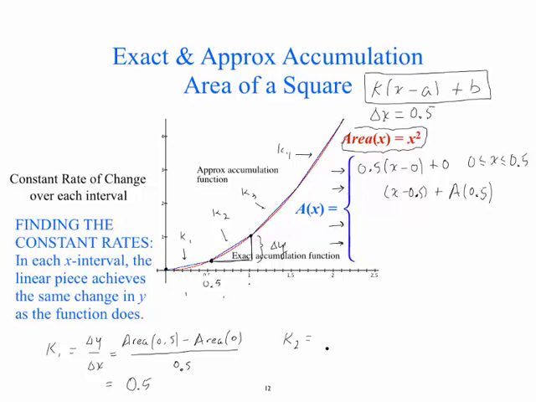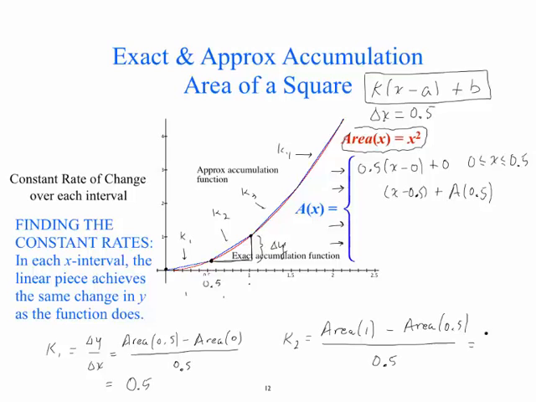So area of 1. It's going to be final value of area minus starting over. So that's delta y. And we're getting delta y by picking off these function values off our exact accumulation function. So I'm using area. So it's the y value final minus the y initial over, and that's delta y over delta x, 0.5.